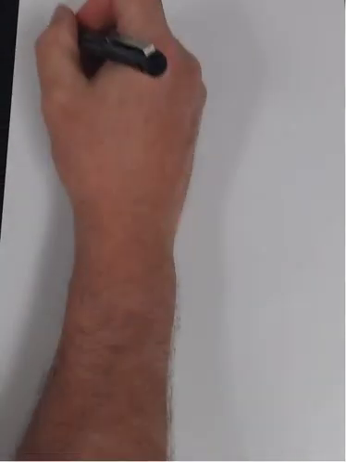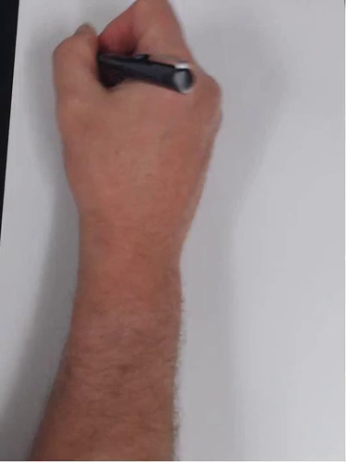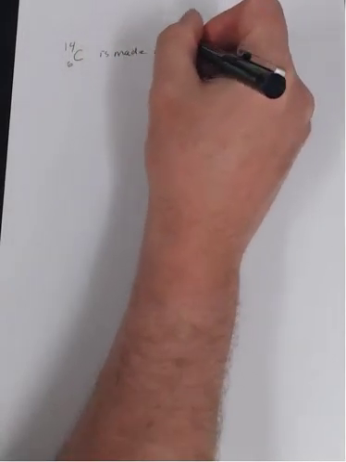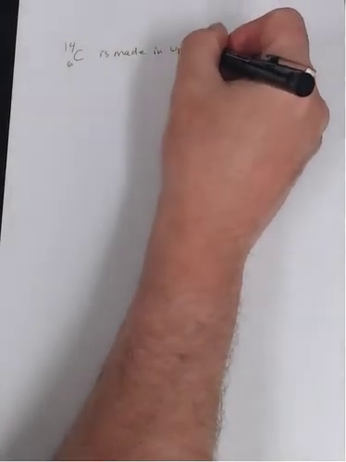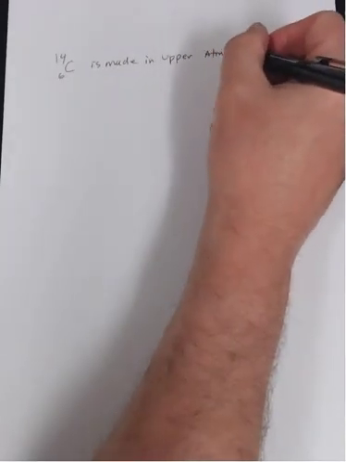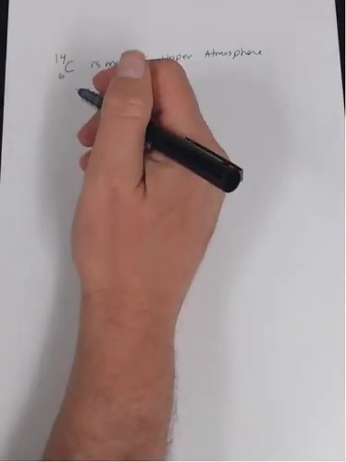But we always talk about carbon dating, so let's mention what that is. Carbon-14 is made in our upper atmosphere through nuclear reactions. I think it's mostly particles hitting nitrogen and converting some into carbon.